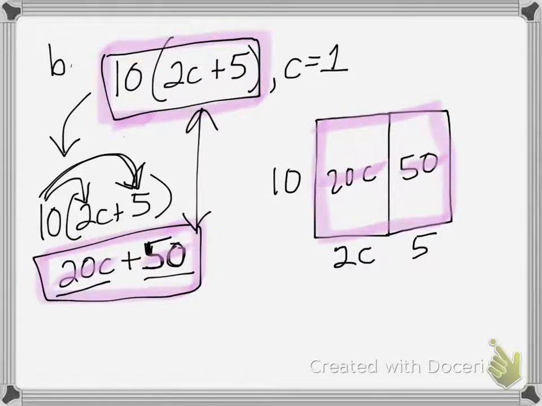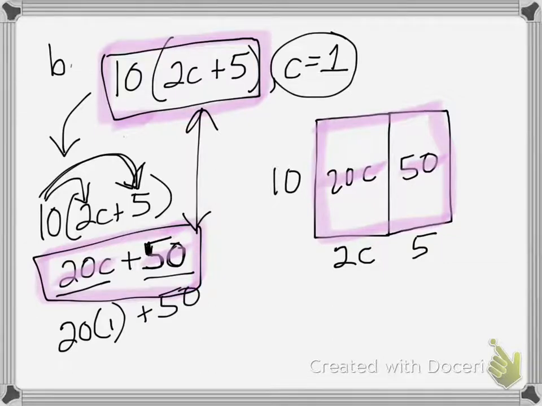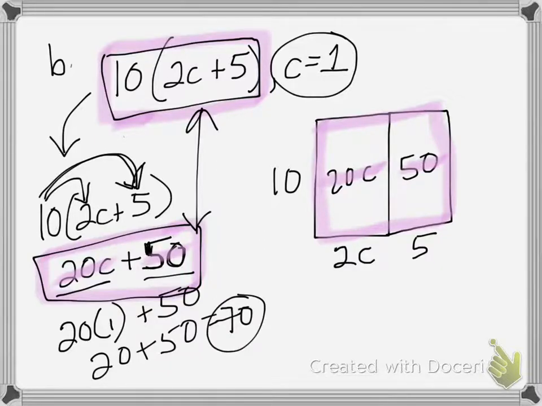Okay, so now I'm going to go ahead and plug in or substitute the 1 for my C. And if I did that with this expression, 20 times 1 is 20, plus 50 equals 70. Okay, 70 there. And if I plug it in up here, I could do the same. 10 times 2 times 1 plus 5.